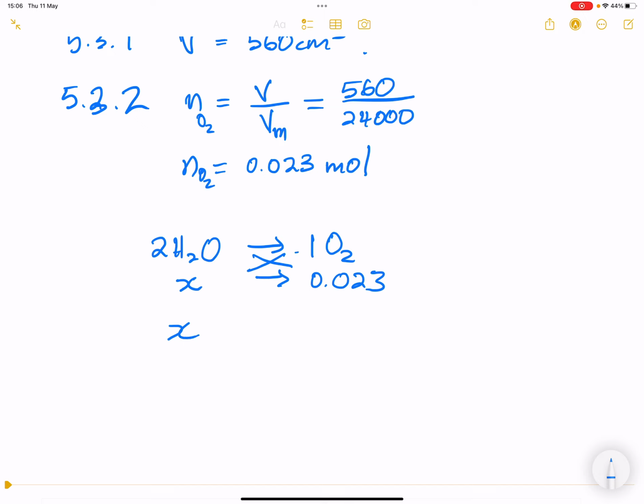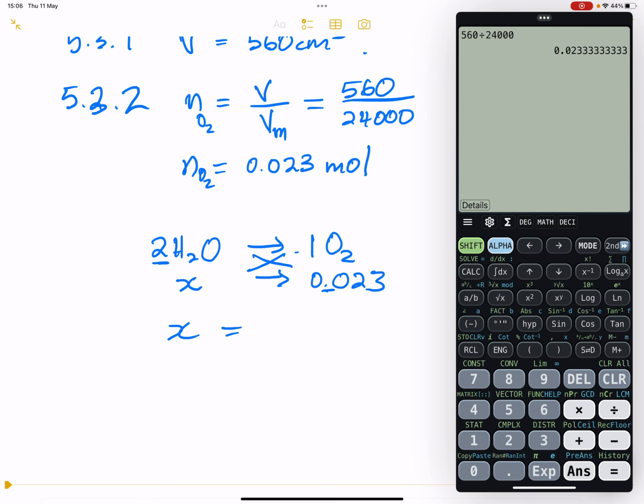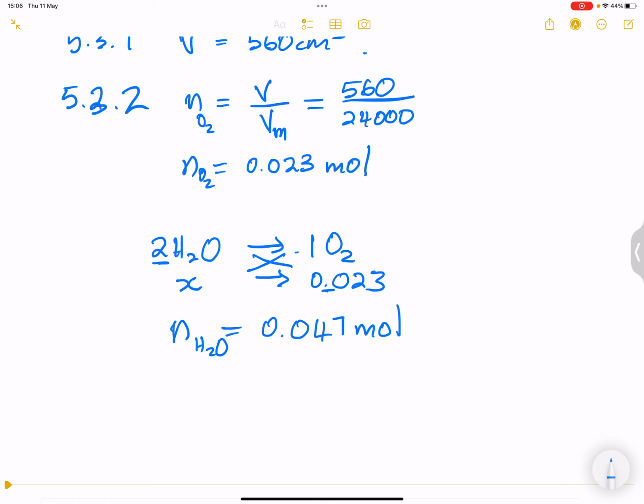So that's x times 1, that's x, and 2 times 0.023. We multiply that number by 2, and you get 0.047, depending on what you actually took. So the number of moles of water would be 0.047.